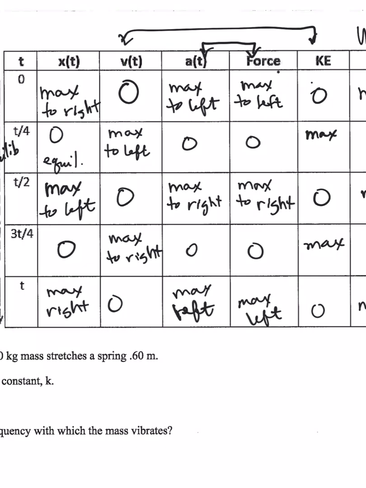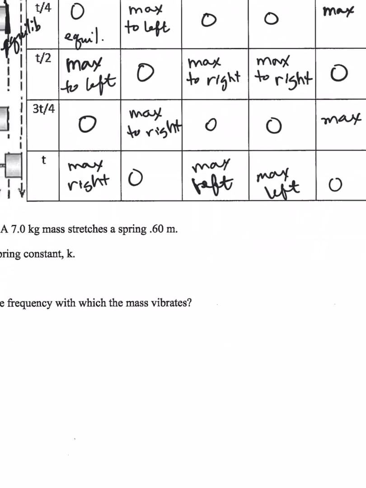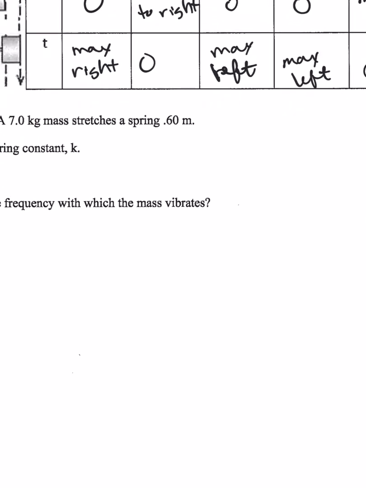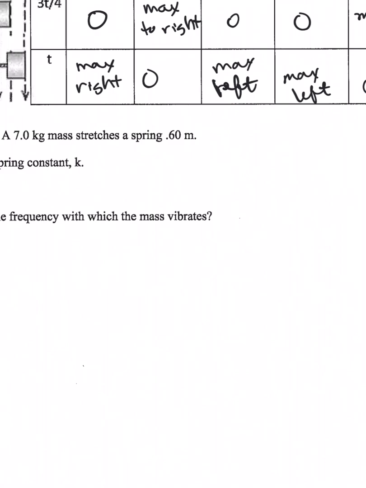Okay, so let's use our formula that we have for this and figure out what we've got going on here. Let's look at example B. It says a 7 kilogram mass stretches the spring 0.6 meters. Find the spring constant. Do we know the force?